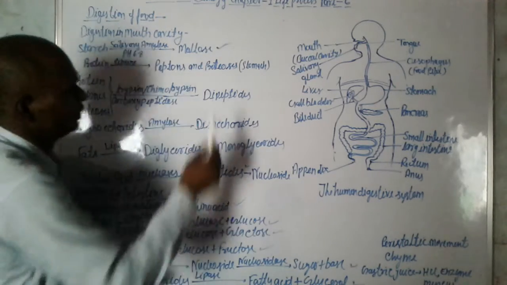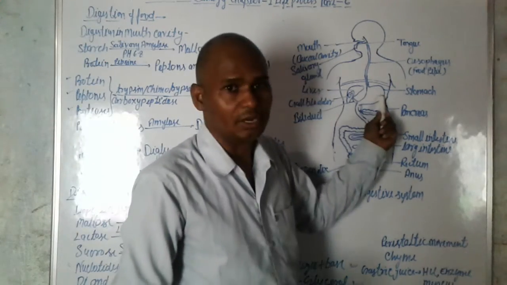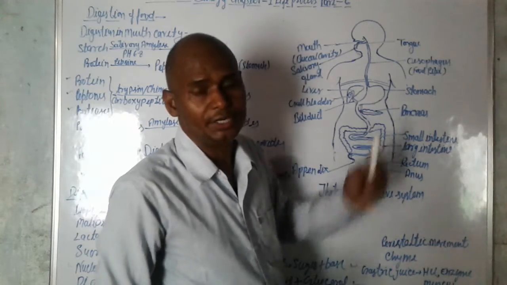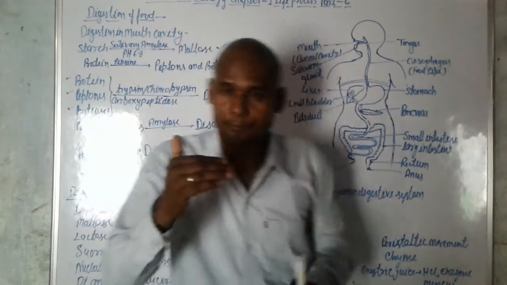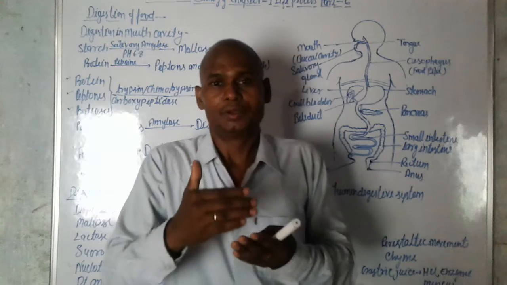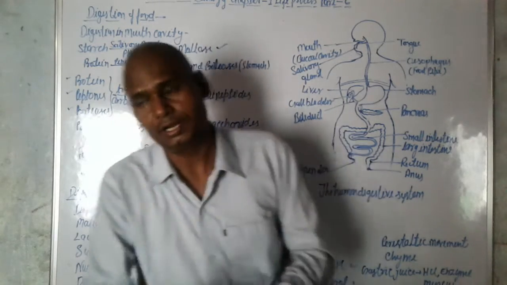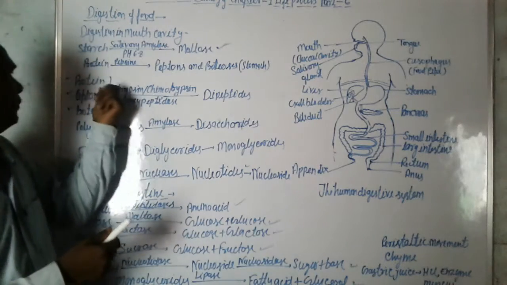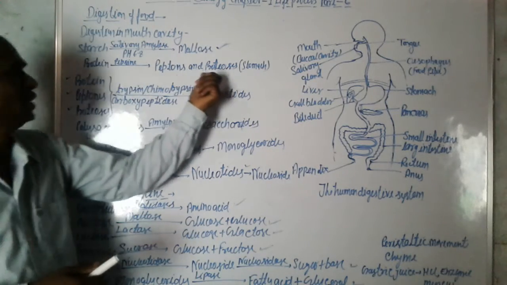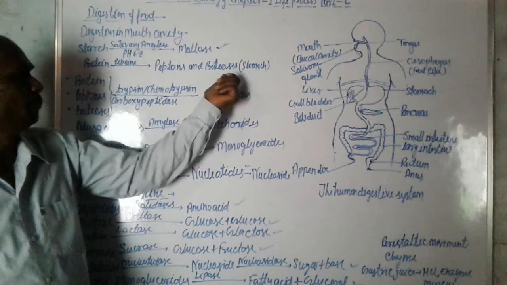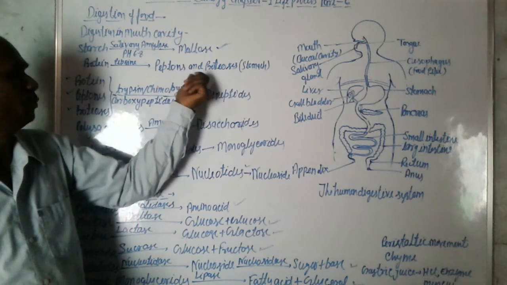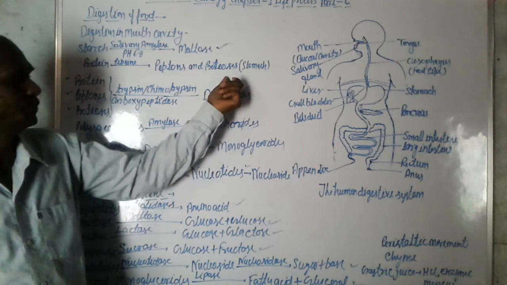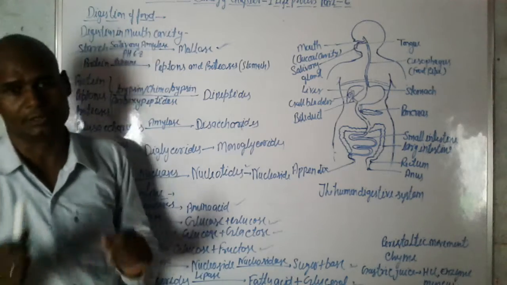All reactions are completed in the stomach, like pepsin reacting with protein and converting it into peptones and proteases. This reaction occurs in the stomach.